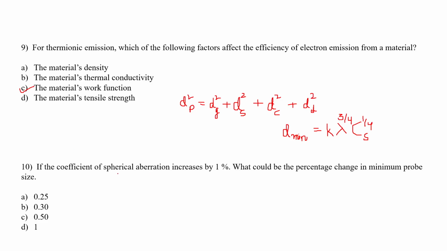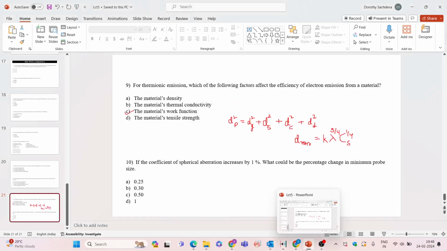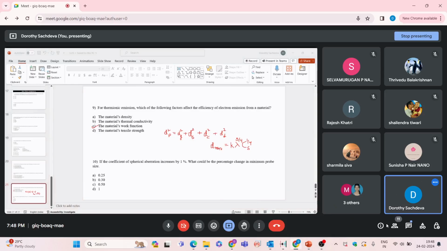The question says, if the coefficient of spherical aberration, that is this CS, is increased by 1%, what could be the percentage change in the minimum probe size? Can anyone answer this question using this formula? If CS is changed by 1% and that to the power 1 by 4 is related to the minimum probe size, then how will D minimum change?